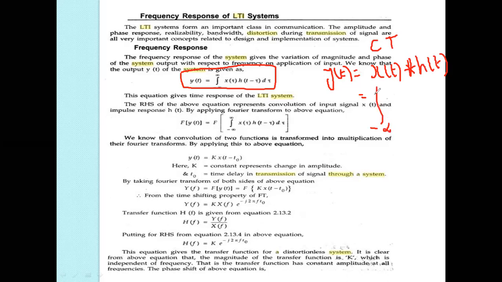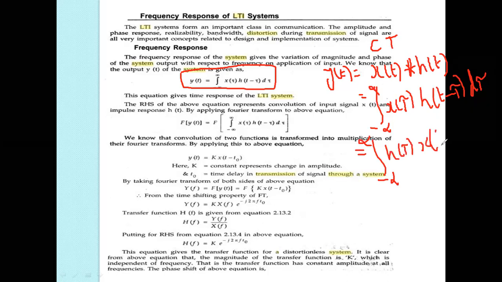That is the integral from minus infinity to infinity of x of tau h of t minus tau d tau. Because convolution obeys the commutative property, we can interchange x and h: the integral of h of tau x of t minus tau d tau. So both are correct.